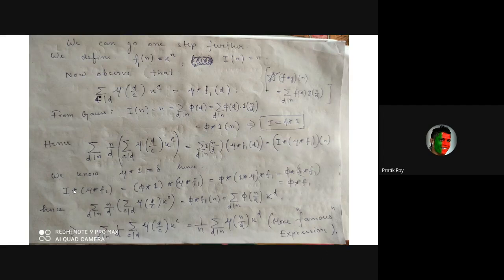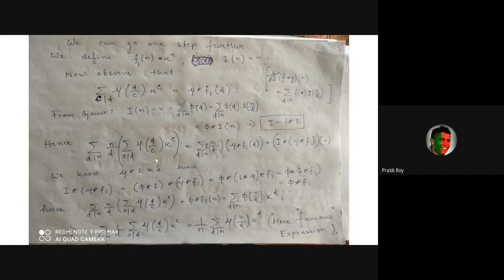I am just substituting the value of I that we have proved earlier, that from Gauss we know I equals phi star 1. So phi star 1 star mu star f1, and I have just used the associative property here. 1 star mu is delta, and then we finally have phi star delta star f1.